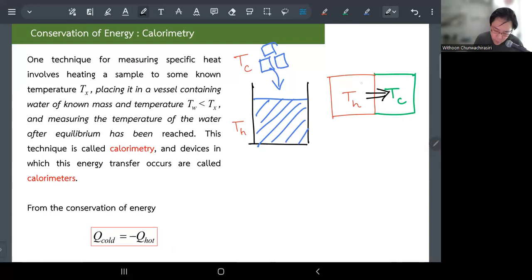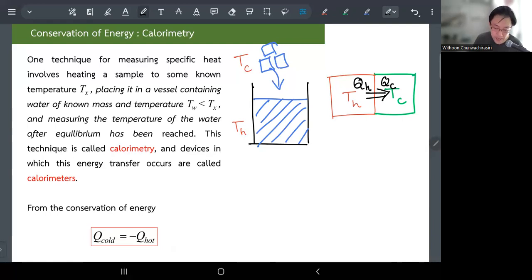So if I want to quantify this, let me call it Q hot, and let me call the one that flows into the cold part Q cold. These two must be the same amount. You guys with me? Of course, but John, it's the same heat. It flows from one side to the other side.